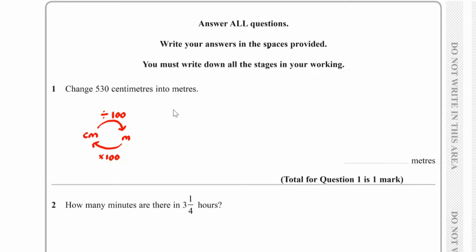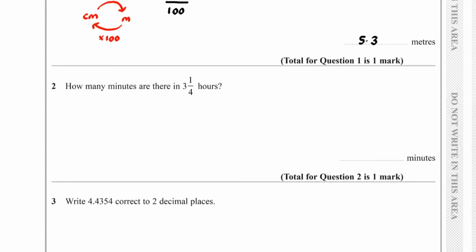And therefore, if we work out 530 divided by 100, we would get 5.3, and therefore 530 centimeters is the same as 5.3 meters.